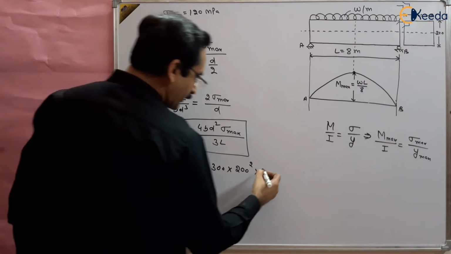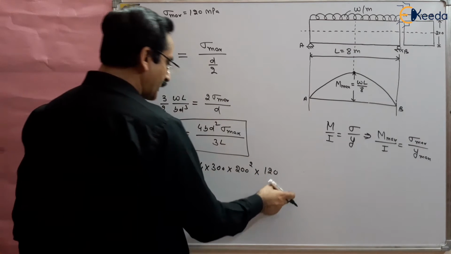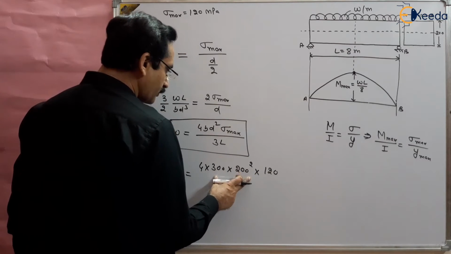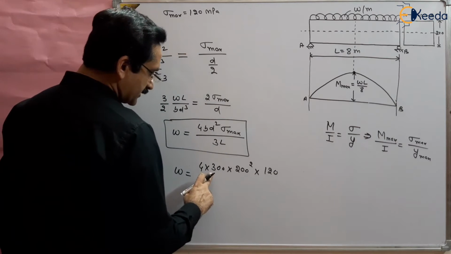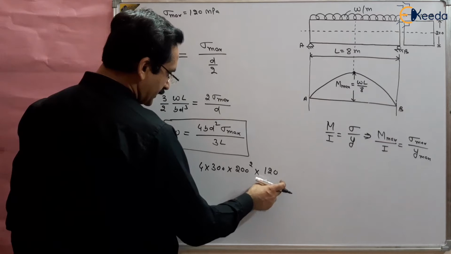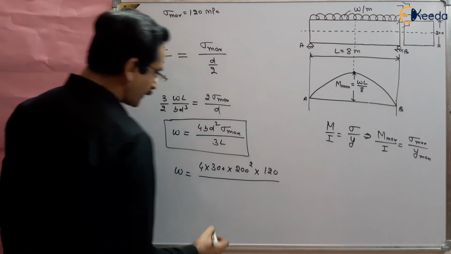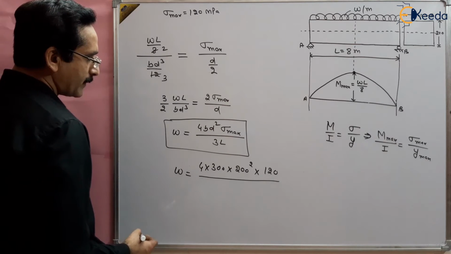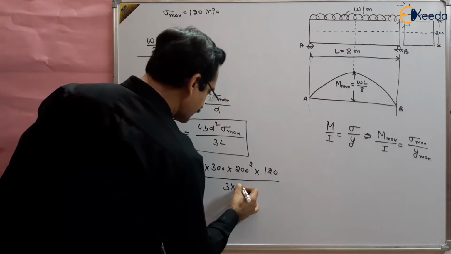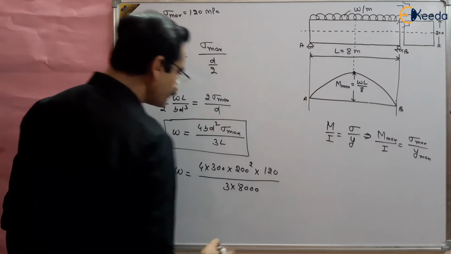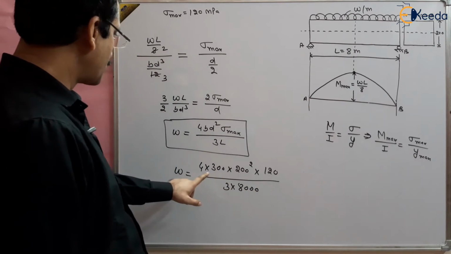We are using 120 directly, megapascal, Newton per millimeter square. This is millimeter cube, so we would be getting the answer in Newton per millimeter. 3 multiplied by L, the length, that is 8000.